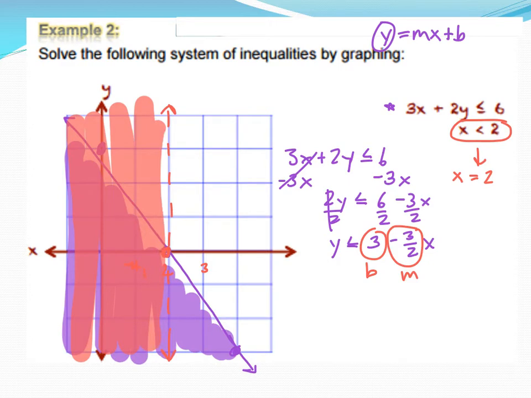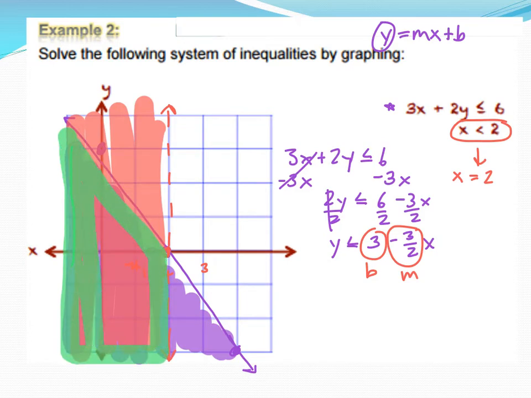Now with this, remember that with equations, we looked at the point where they intersected. So this point right here. Now with the inequalities, we are looking at the region of the graph where these two things overlap. And notice that the two regions overlap in this spot right here. Let me get my highlighter tool. They overlap right here.